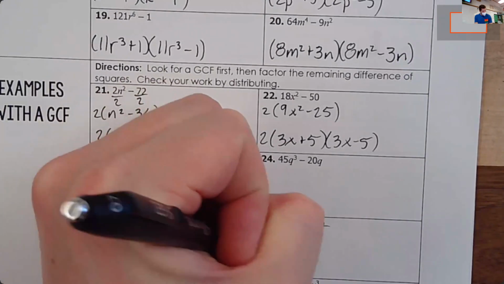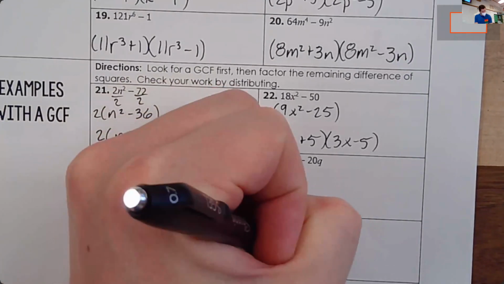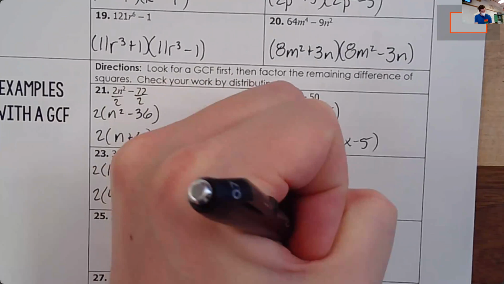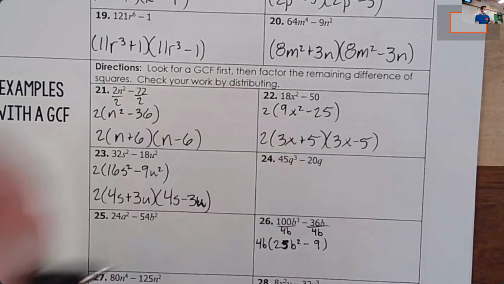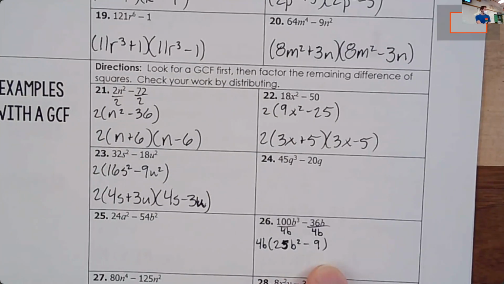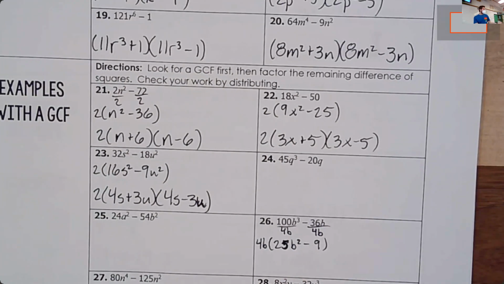So that'll be 4b, which will give us 25b squared minus 9. So even though we started with a difference of squares, when we divide both of them by 4, we still have a difference of squares. And so there's a difference between factoring and factoring completely.